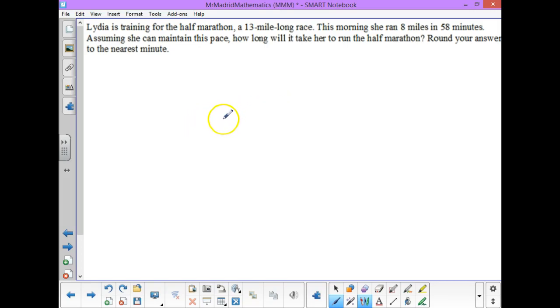Okay? So let's go ahead and take the ratio that we do know, right? So it says 8 miles in 58 minutes. Okay, so that's one comparison that we can make here, right? So for 58 minutes, what did she accomplish? 8 miles.